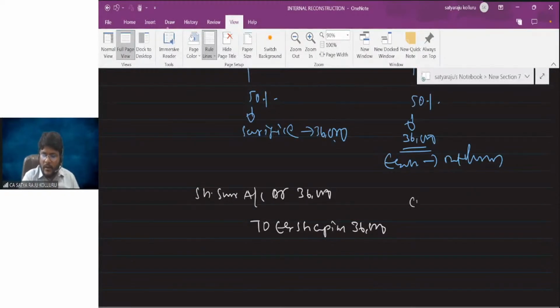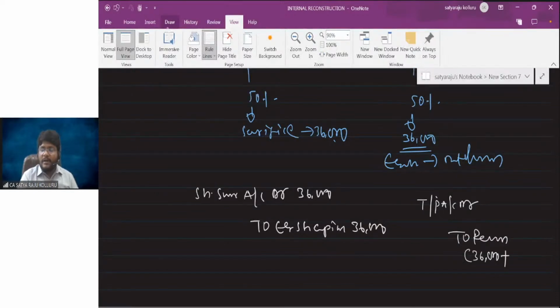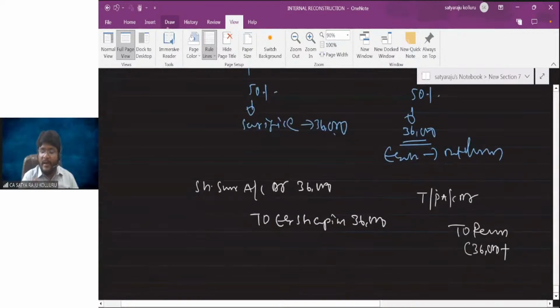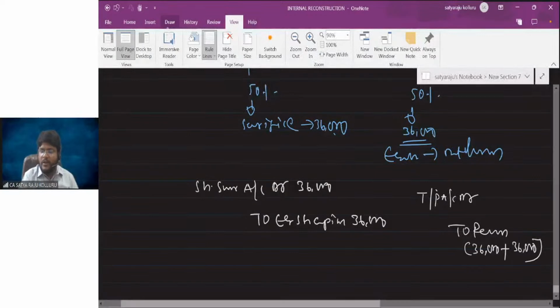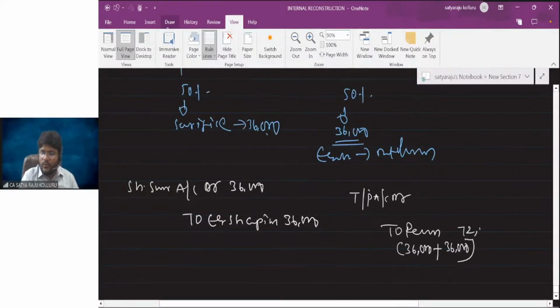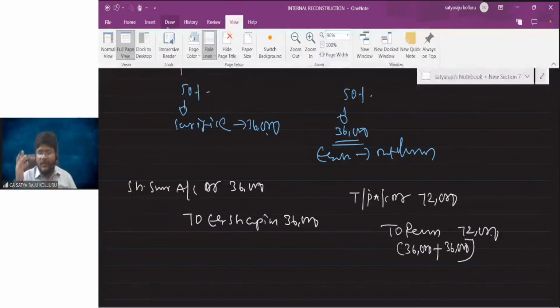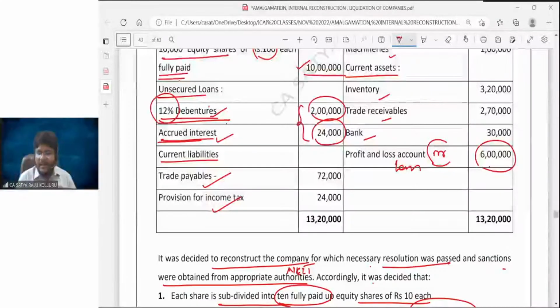Now you are discharging your trade payables. Trade payables account debit to reconstruction, to the extent of the amount utilized through share surrender, and also to the extent of the real sacrifice made by the trade payables. So 36 plus 36, 72. You need to cancel to the extent of 72. That's it. Any difficulty, guys?